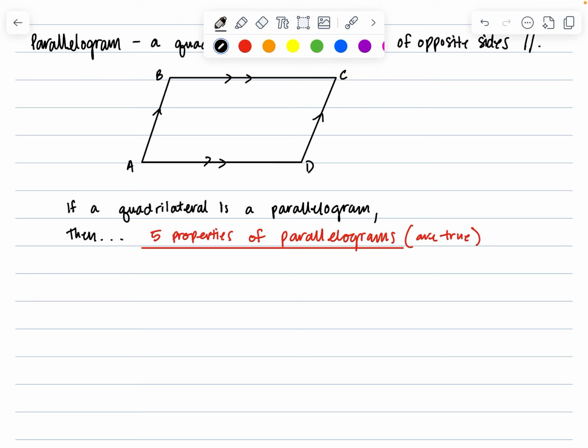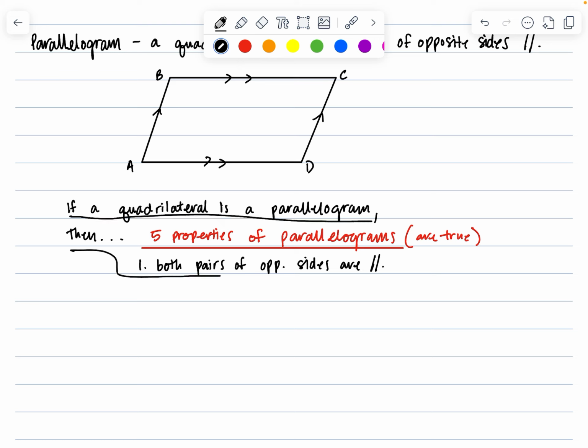So, first one. Both pairs of opposite sides are parallel, which is part of the definition. So here we have it.